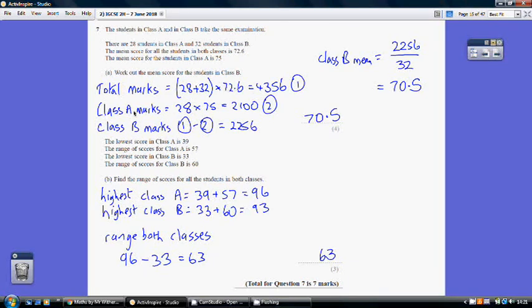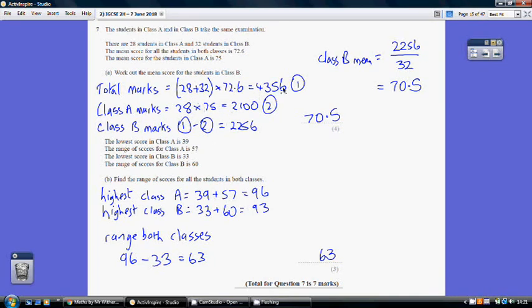Now moving on to Class A, where we've got 28 pupils. Their mean score was 75, so their total marks must be 2,100. Or again, looking at it the other way, total marks of Class A pupils 2,100, divide by the 28 pupils, gives us the mean of 75.